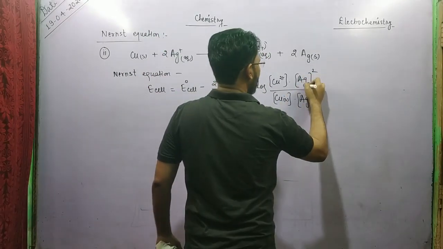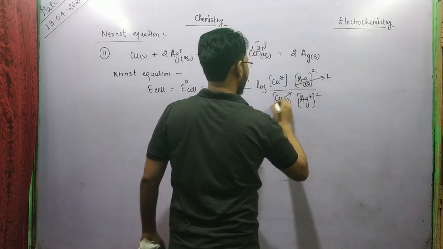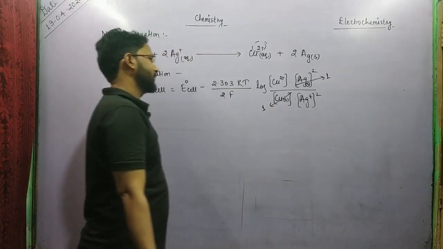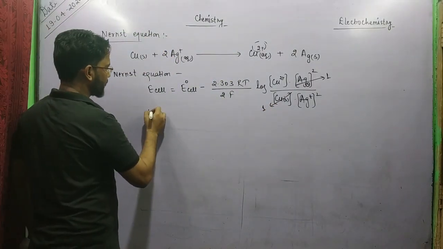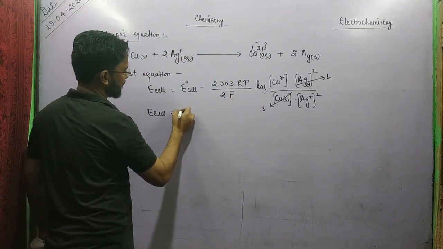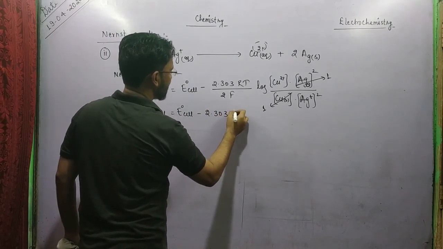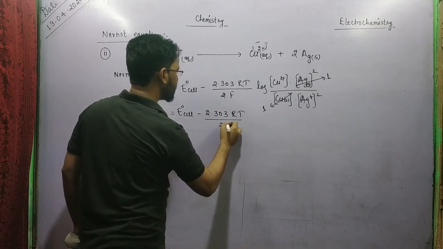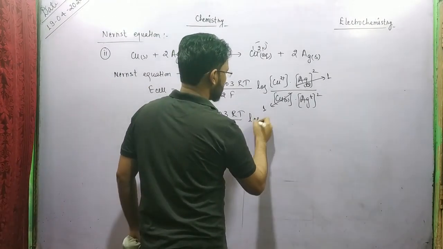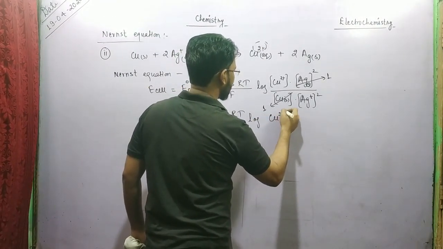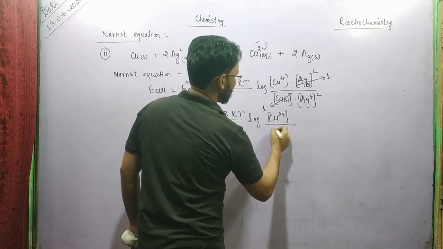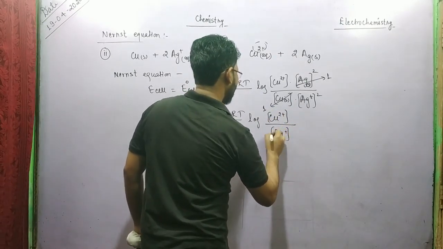Ag solid is taken as 1 and copper is also taken as 1. Then E cell equals E naught cell minus 2.303 RT over 2F log of the concentration of Cu2+ over Ag+ squared.